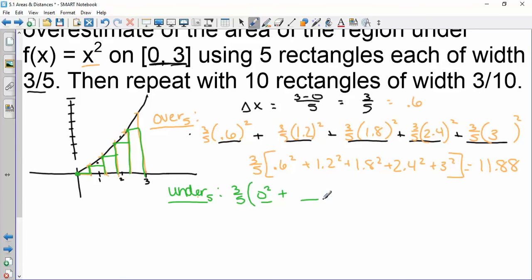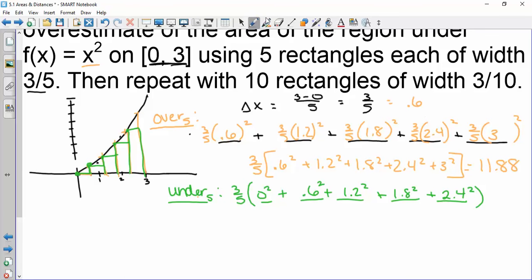We should have 5 of these because we have 5 rectangles. So the next one we use the 0.6 squared. Then you just keep adding your 0.6. So the next one was the 1.2 squared, 1.8 squared, 2.4 squared. What is the only difference between the over and the under?